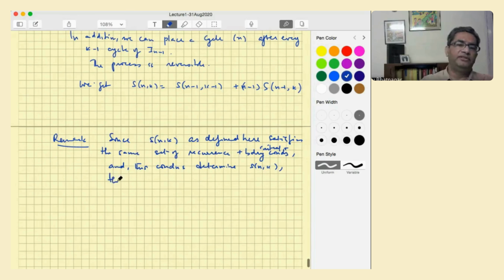The two definitions are identical. Two definitions meaning the other definition was in your assignment 1.